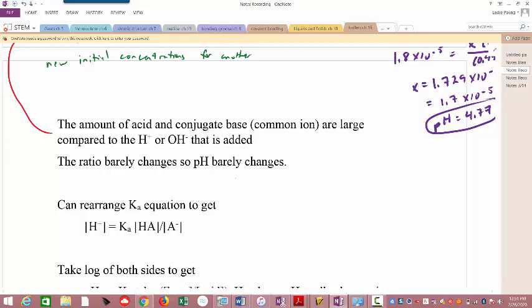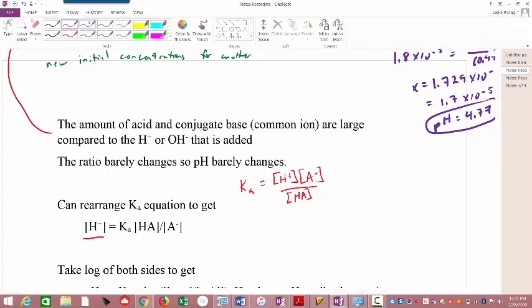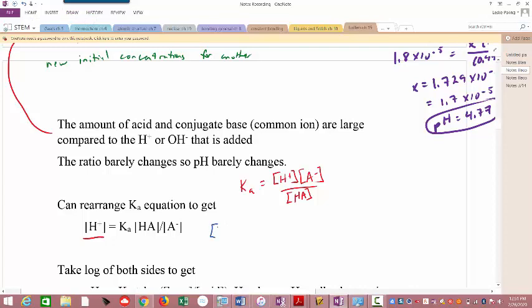but we can rearrange our Ka, because our Ka starts off with H plus times A minus over HA. So if we rearrange that to get H plus by itself, and I will rewrite this so that it's got a much more pronounced fraction, H plus is Ka times HA over A minus.